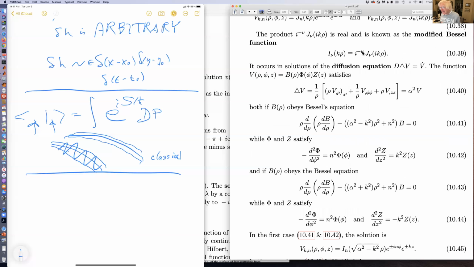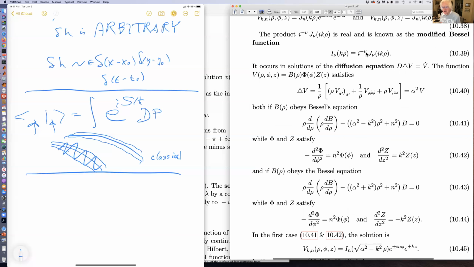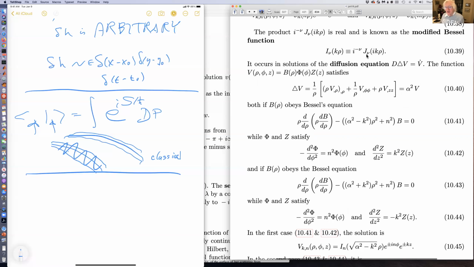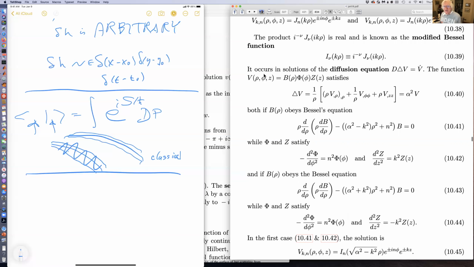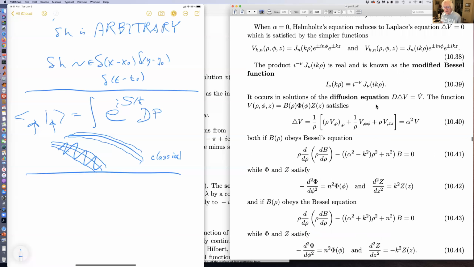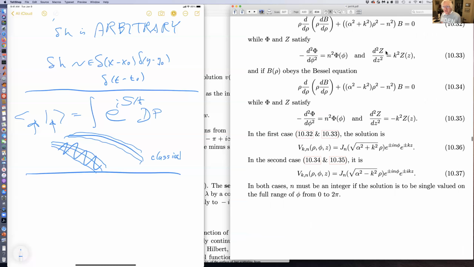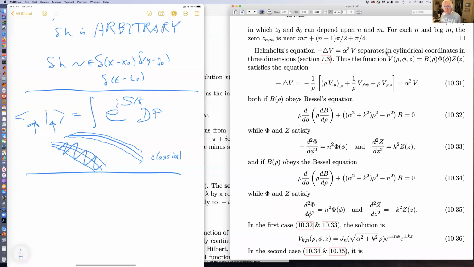So here we have I to the minus nu. Remember when we talked about complex numbers, when you have a complex exponential, things can get amusing. Okay, this occurs in solutions of the diffusion equation, because in the diffusion equation you see a plus sign on both sides, whereas previously up here we had one minus sign.